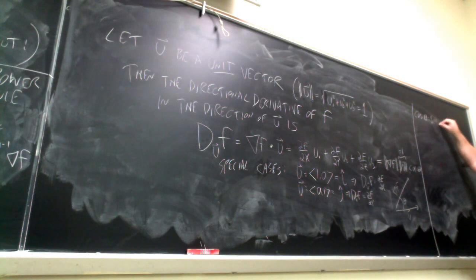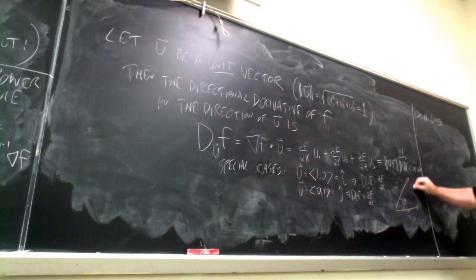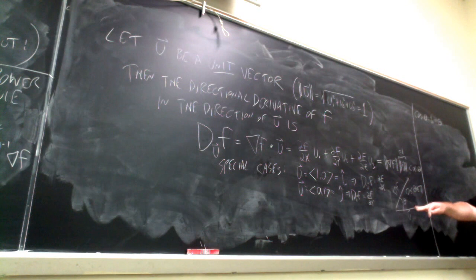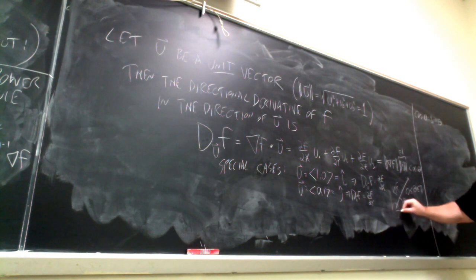So, what would theta be? Now, theta is going to be between 0 and pi, or 180 degrees. That's how we define the angle between vectors, because I'm using this angle, not that one.